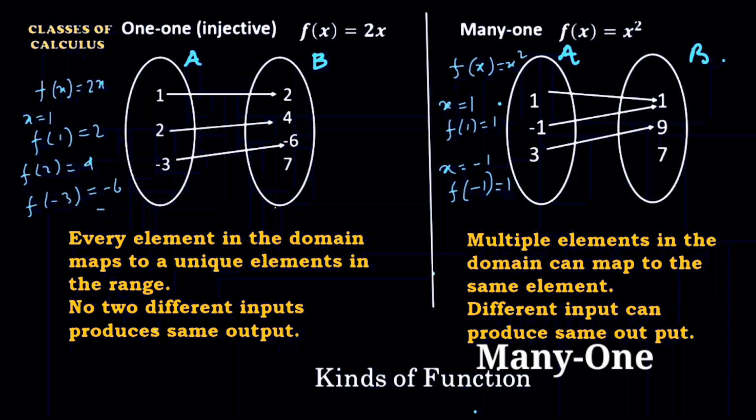So see here, you have different input values and you got the same output values. This kind of function will be a many-one function. So many-one functions have different inputs, but can produce the same output.